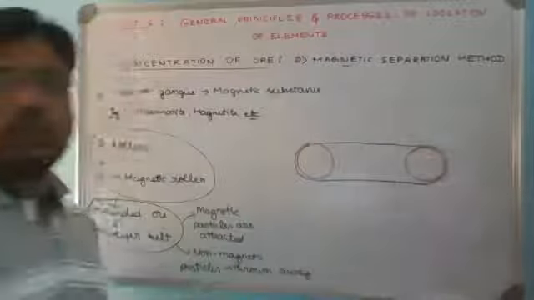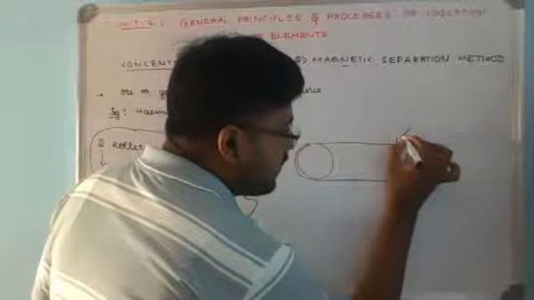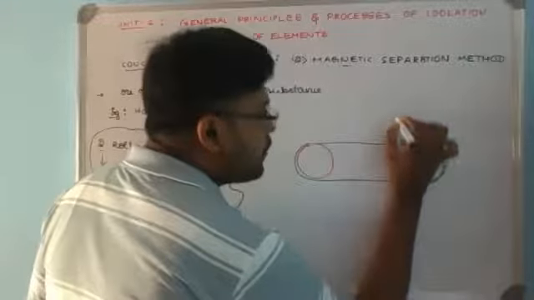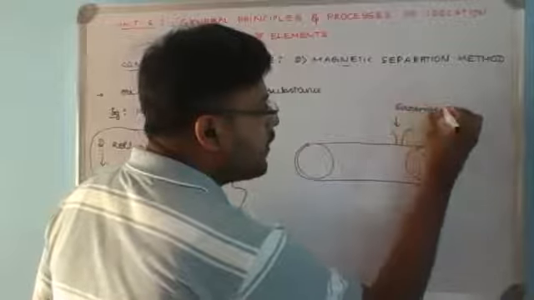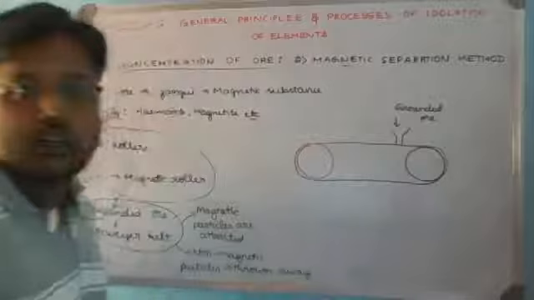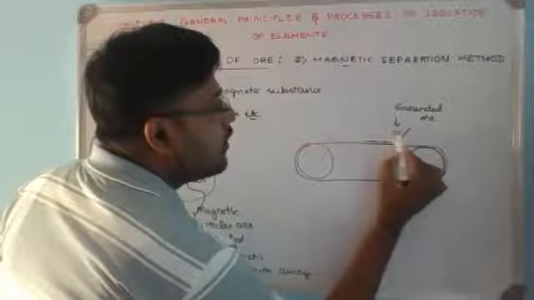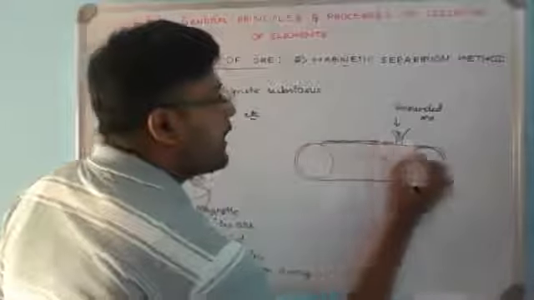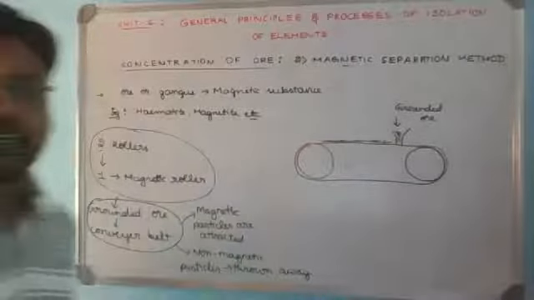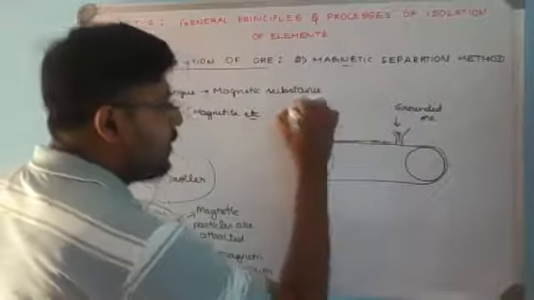The conveyor belt is rolling on the rollers, with a cup-like arrangement for pouring the ground ore. The ground ore you are going to pour. Once it is poured, due to the movement, the particles will slowly move along the length of the conveyor belt. Now this is a magnetic roller.